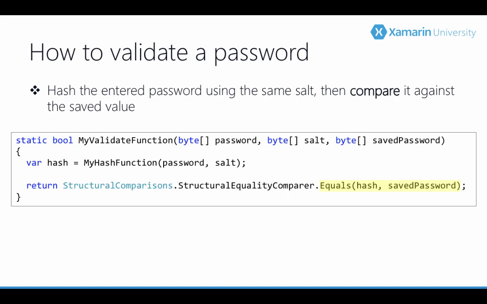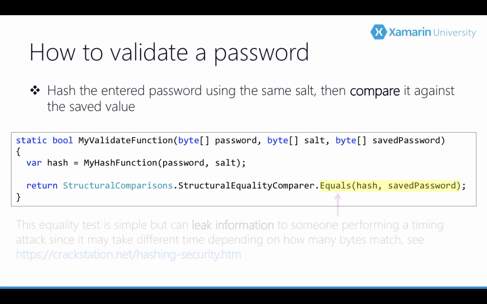Now, to validate a password, we repeat the steps on the previous slide with the new password, again making sure to use the exact same salt data that was originally used. We can then compare the original hash with the new hash as byte arrays. Of course, if you don't use the same salt, the resultant hashes will not match, and you'll have no way to validate the original password.